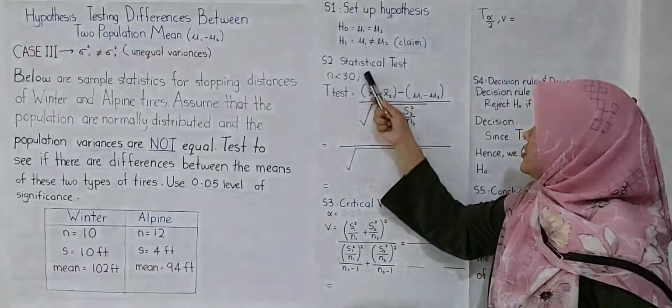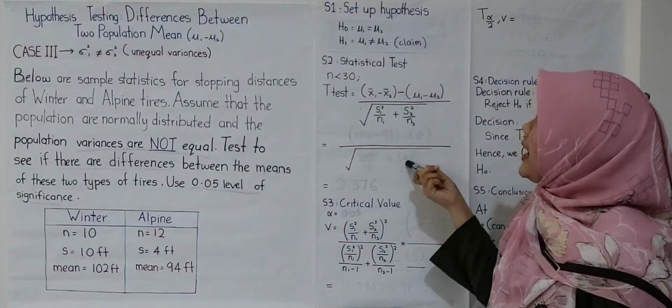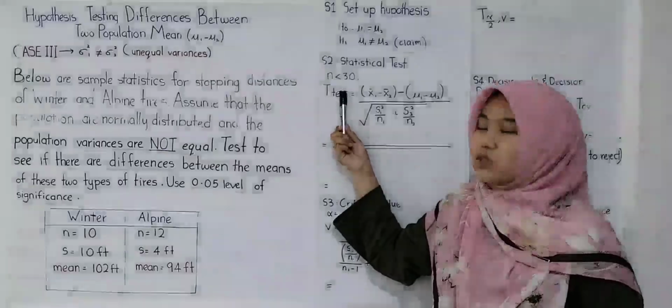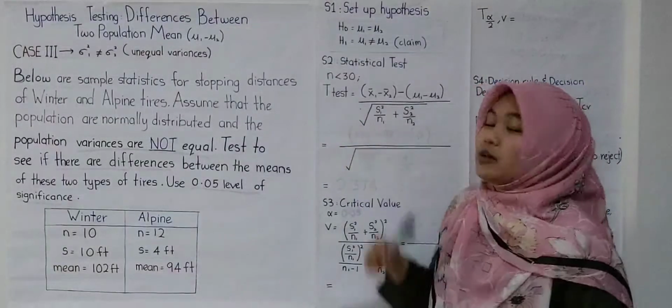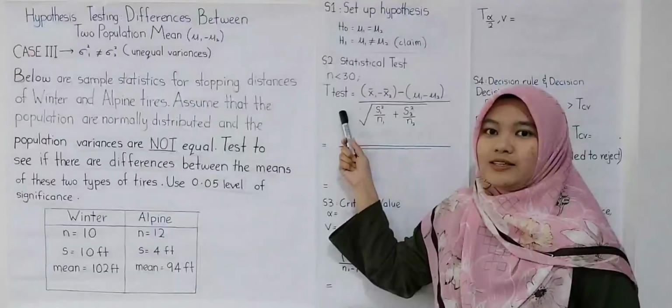Next is the statistical test. First, we need to look at the sample size. If the sample size is lower than 30, we need to do a t-test.